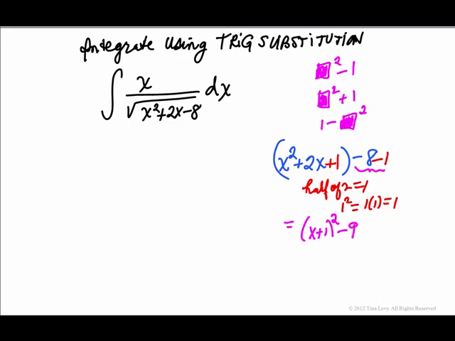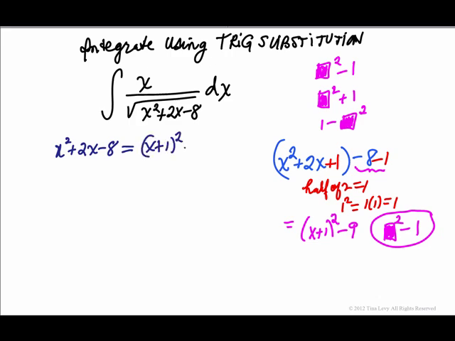Now we can see that this is going to fit into the something squared minus 1 when we factor out the 9. So my next step is I'm going to take the x squared plus 2x minus 8, and that's written as x plus 1 squared minus 9, and I'm now going to factor out the 9 so it can be in the form I want it.